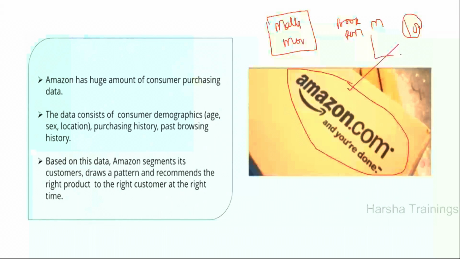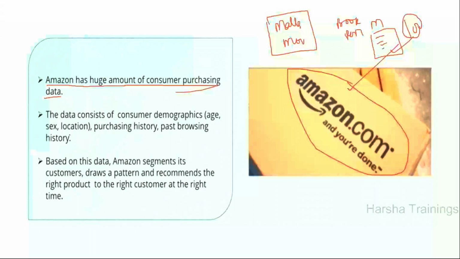Whenever we go to any website, sometimes they will ask you to fill in some forms with our personal details. What is our age, location, what are our interests? They will take our data. That means Amazon has a huge amount of consumer purchasing data. They will maintain whatever we are buying on Amazon.